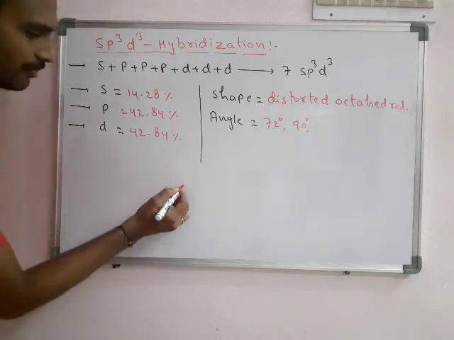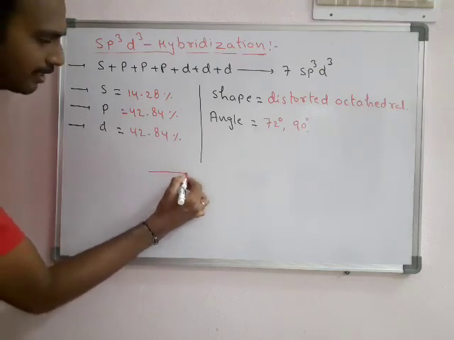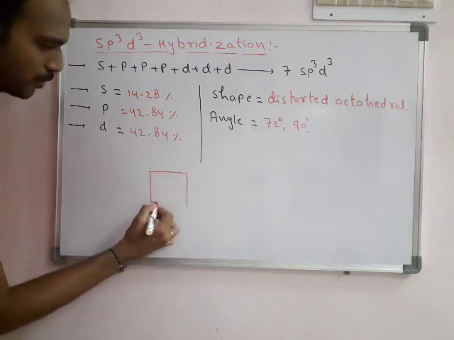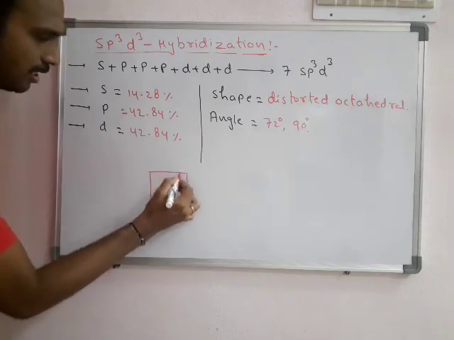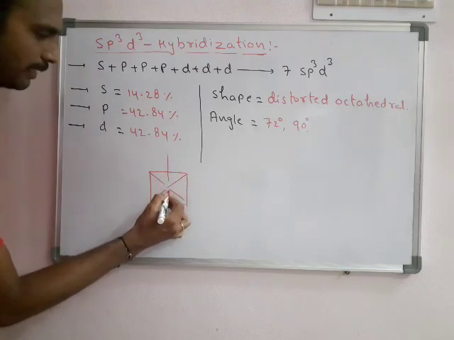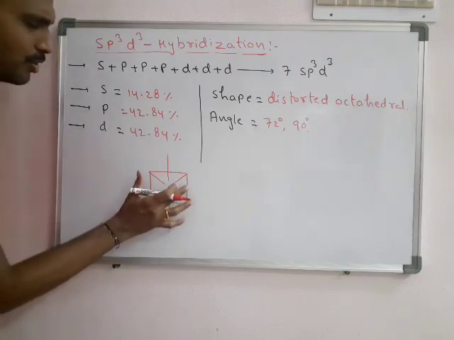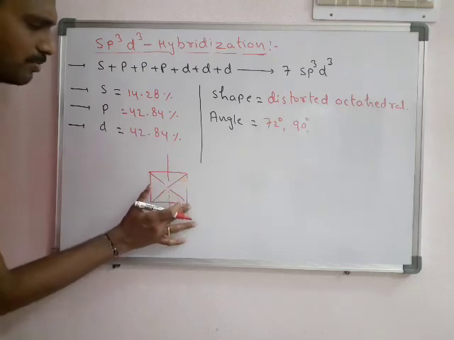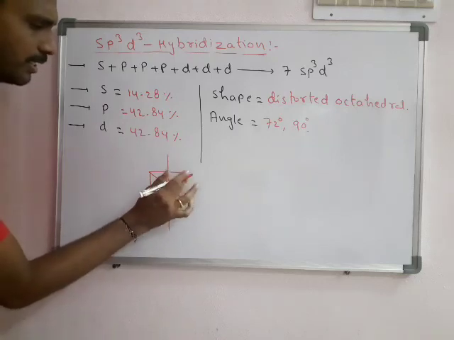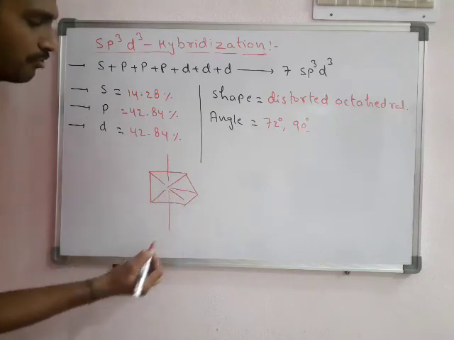Here see, normal octahedral is like this: 1 2 3 4, above the plane, below the plane. In the distorted octahedral, some part changes a little, so that it becomes somewhat like this. There is a formation of a fifth bond also.